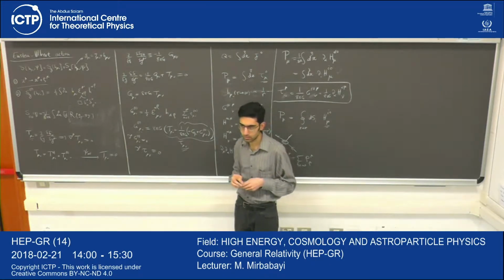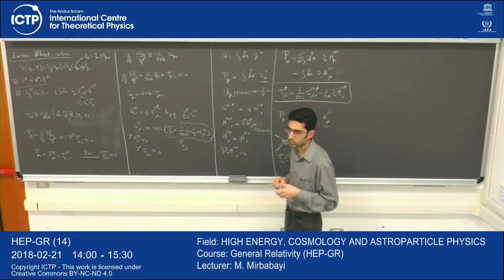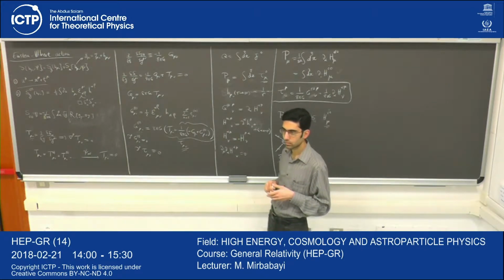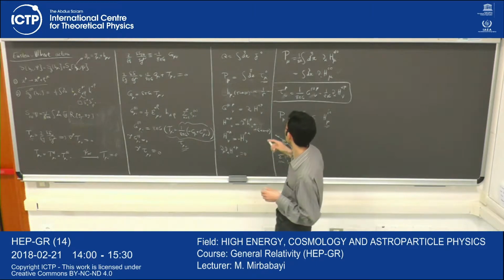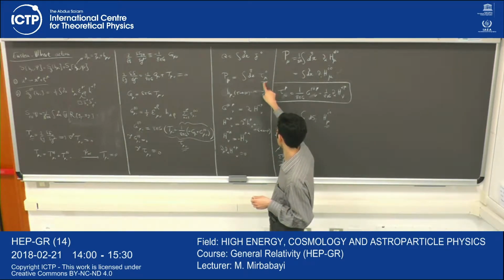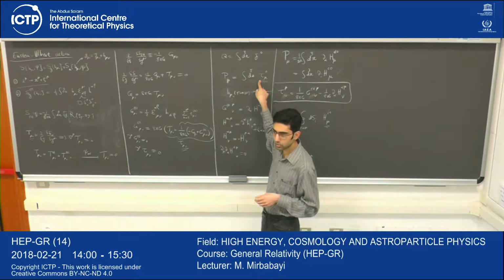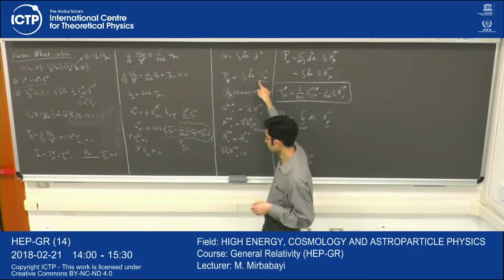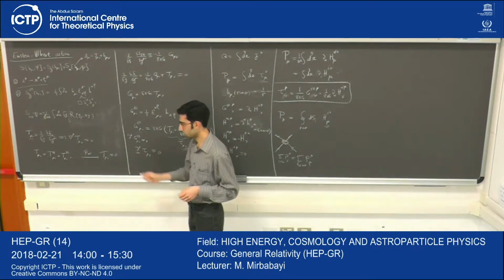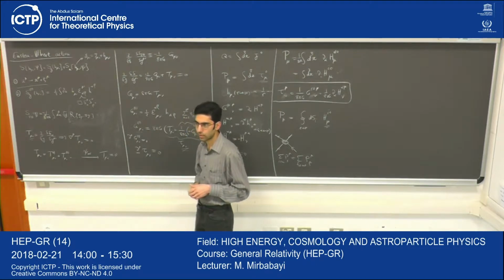So it doesn't matter if I don't have the full tensor, I can still define the conserved quantity in the usual way. Yes, so I define this object, which is crucially ordinarily conserved, not covariantly.